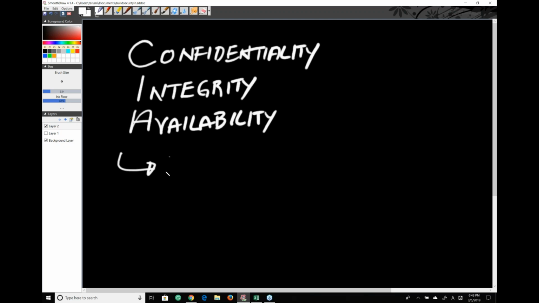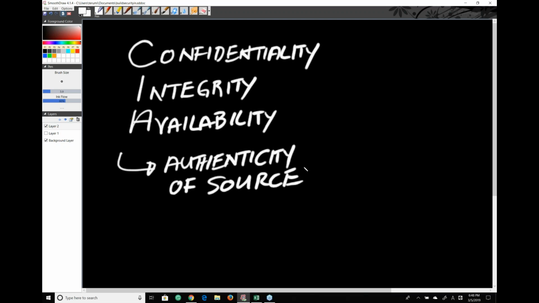One is authenticity of source. So the authenticity of source is where you ask yourself, the person on the other side of this digital platform, the person who is claiming to be someone or something, are they authentic?